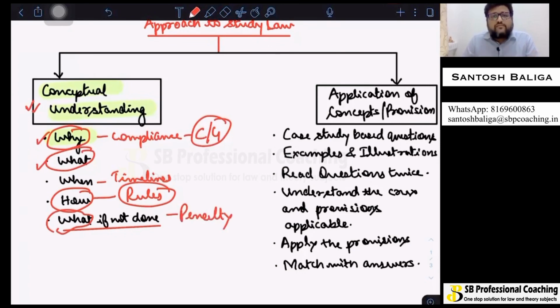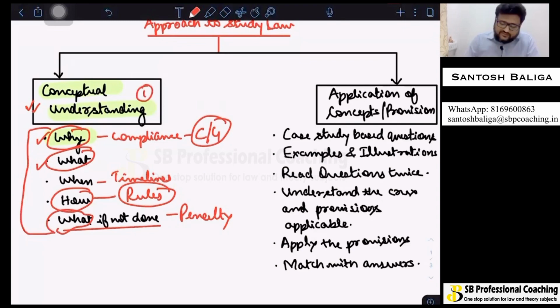So in every provision of any law, especially company law, you have to answer these questions. If you have answered these questions, then you have understood it conceptually. Then any question which would come, may it be an MCQ or may it be your question answer, that is a case study based question, you will be able to very easily understand the question and apply the concept.